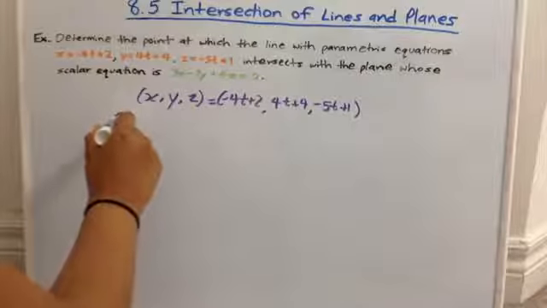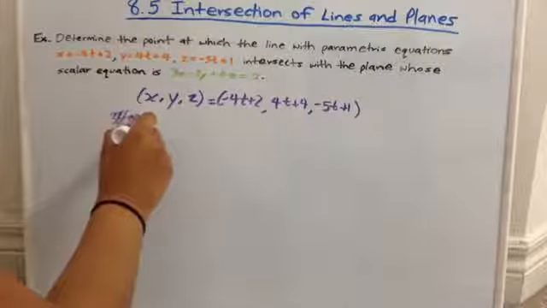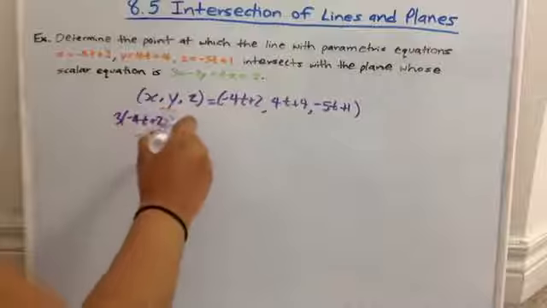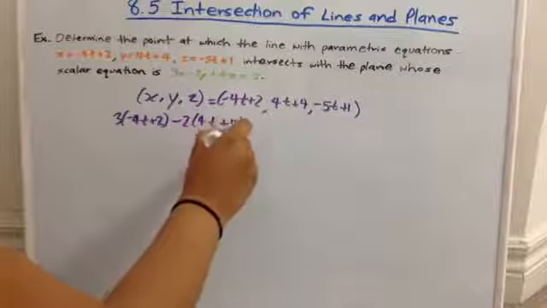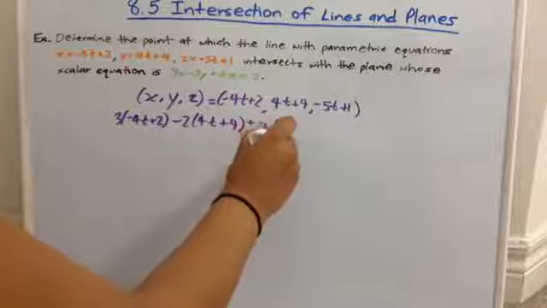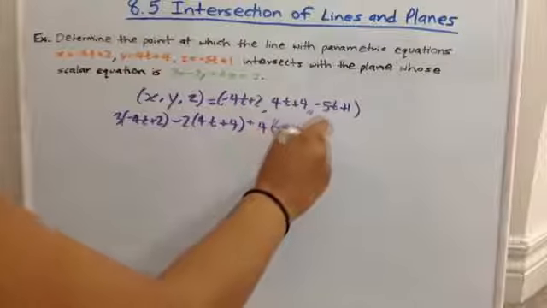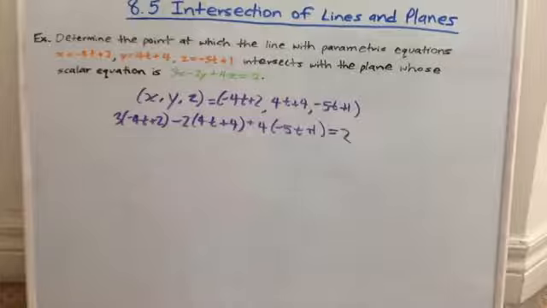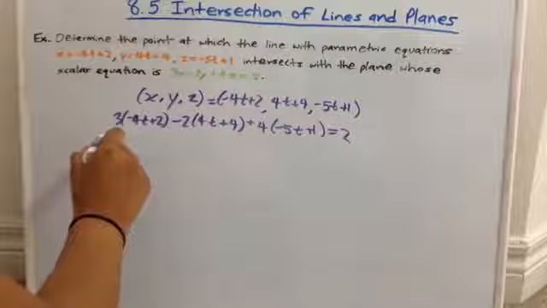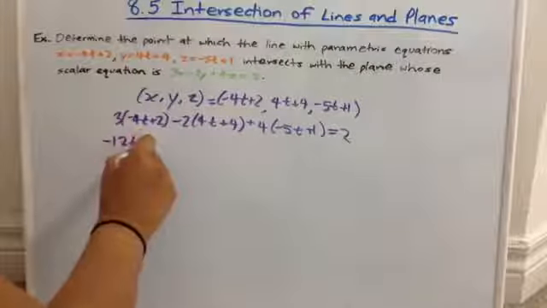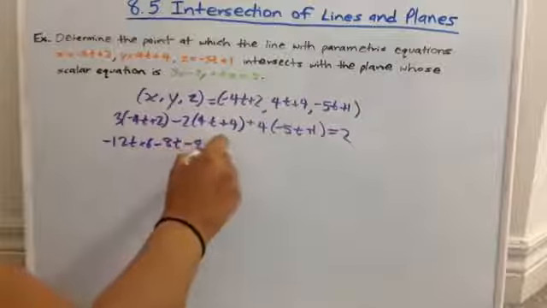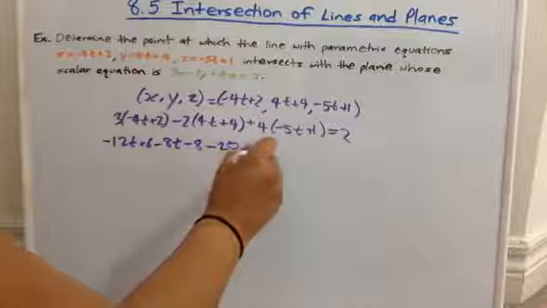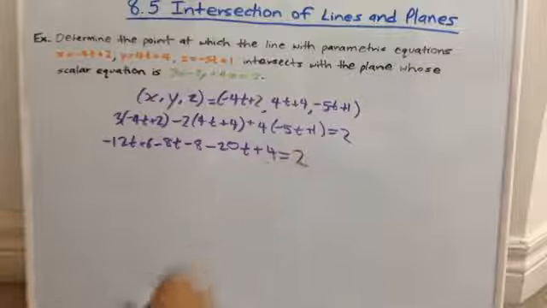So we get 3 times negative 4t plus 2 minus 2 times 4t plus 4 plus 4 times negative 5t plus 1 equals 2. So now we can expand the brackets and we get negative 12t plus 6 minus 8t minus 8 minus 20t plus 4 equals 2.